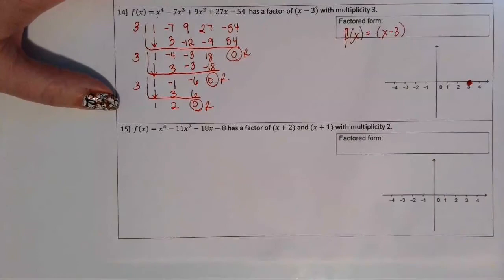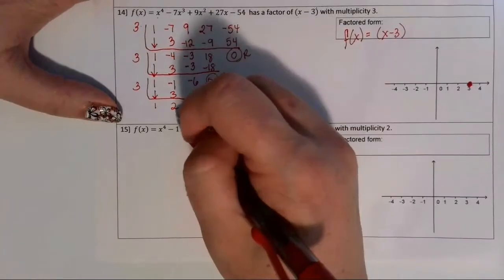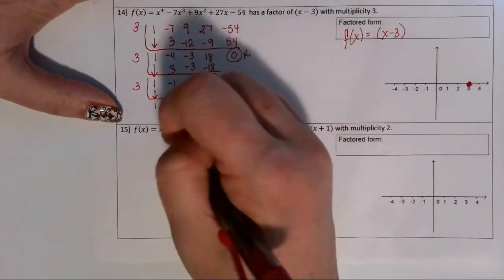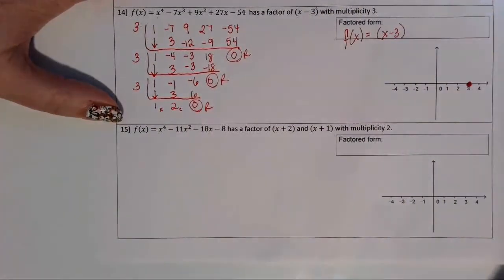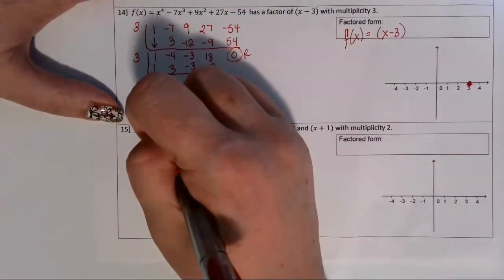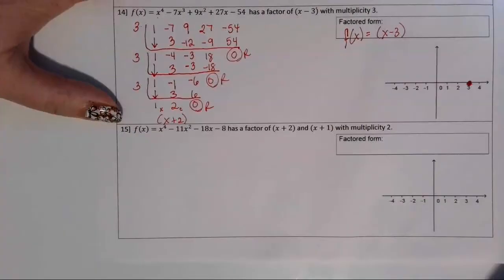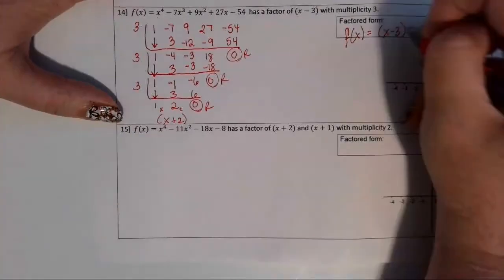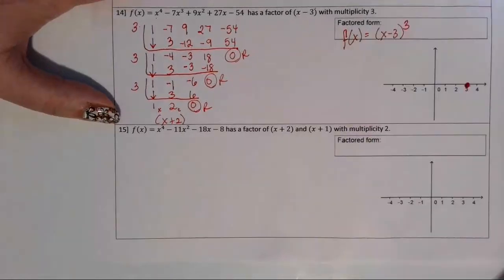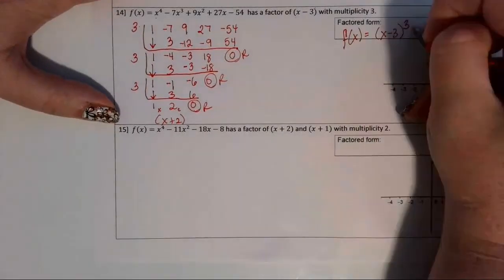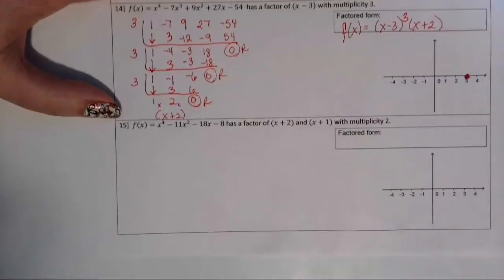And there's our remainder of 0. So we have a quotient. The constant is 2, and the next term is an x. So x plus 2 is also a factor. In factored form, we have an x minus 3 with multiplicity of 3 and a factor of x plus 2.